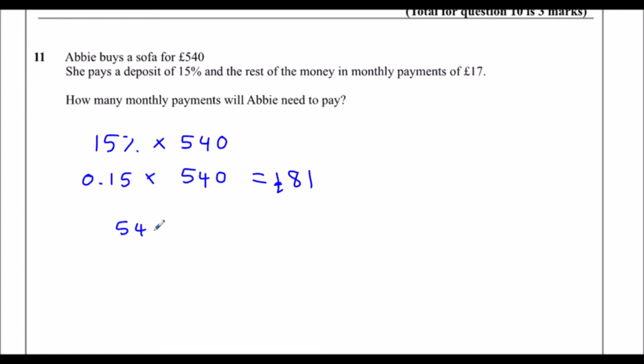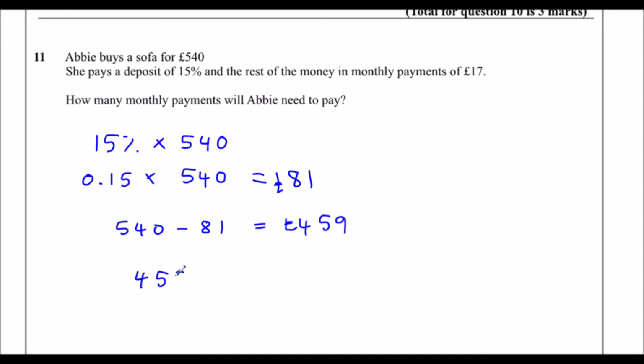So 540, take away the deposit, is £459. So she's got £459 left to pay, and she's paying it £17 a month. So how many times does she have to pay £17? So how many monthly payments, how many £17 make £459?